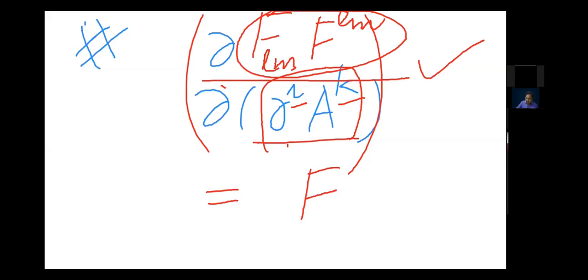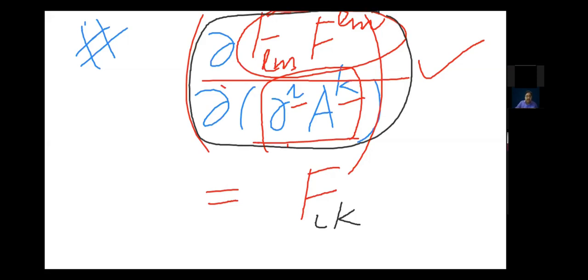Therefore, they have to go like this. Okay. So in the final outcome, whatever you have, I don't know the real answer. It could be something like alpha, some number, let's say 4 or something. So alpha times Fik.